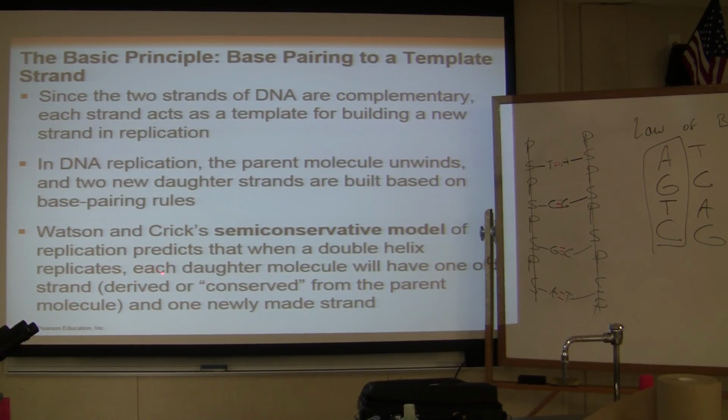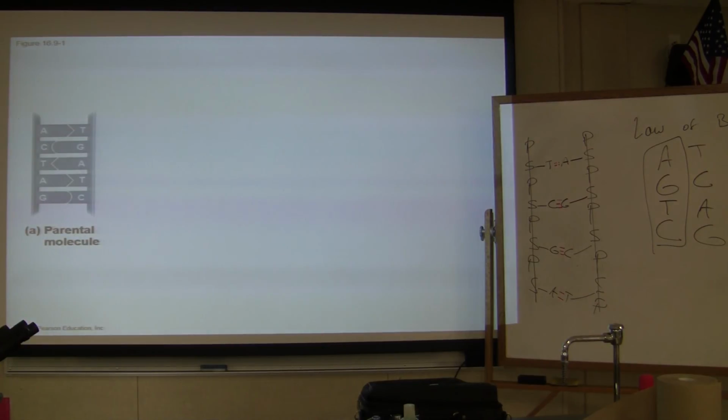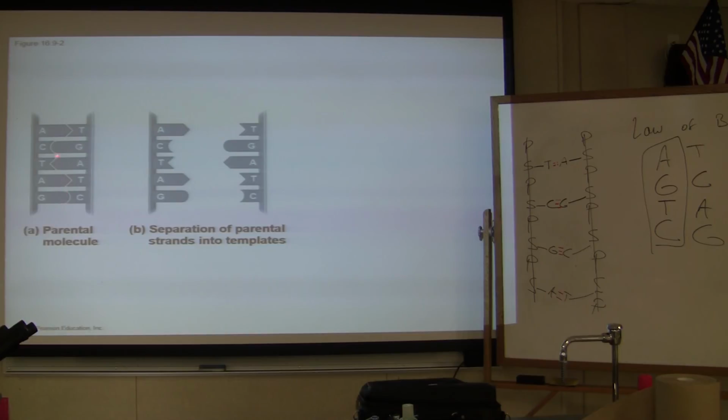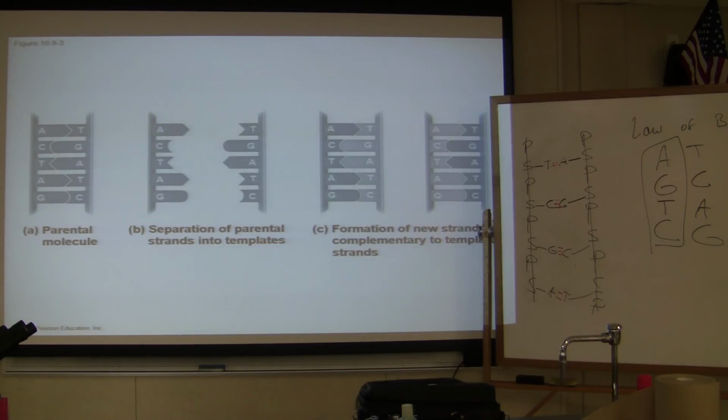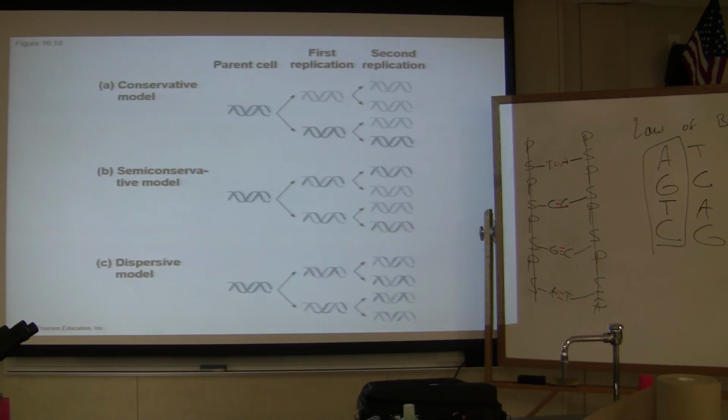Okay, replication proceeds when the double helix duplicates. Each of the two molecules will have one strand conserved from the parent molecule, and the newly made one. Right here is a parental molecule, which I drew for you guys, and now this is the new one, old one, new one, old one.